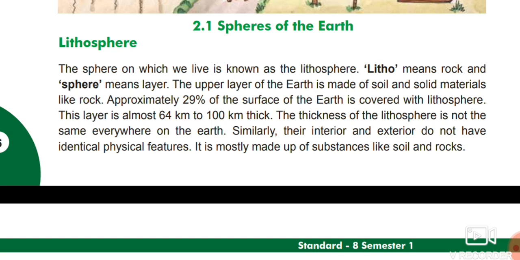The thickness of the lithosphere is not the same everywhere on the earth. That's absolutely right. The thickness of the earth's lithosphere, that is, the thickness of the land, is not necessarily the same everywhere. Similarly, their interior and exterior do not have identical physical features.